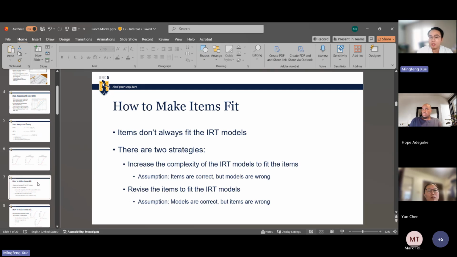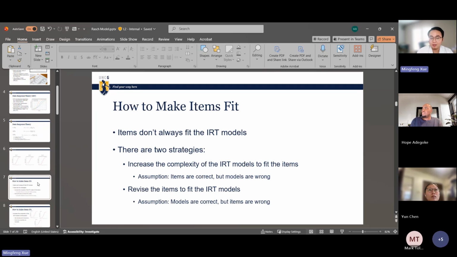If there's guessing we cannot accommodate, then we need to add a guessing parameter. Of course, we can also further increase the complexity of our IRT model to 4PL, 5PL, maybe even more. So this is one way to address the misfit between items and our model.